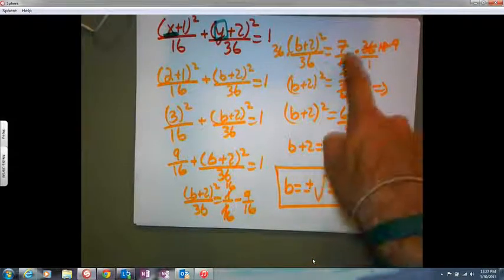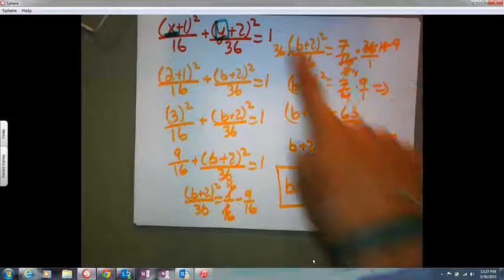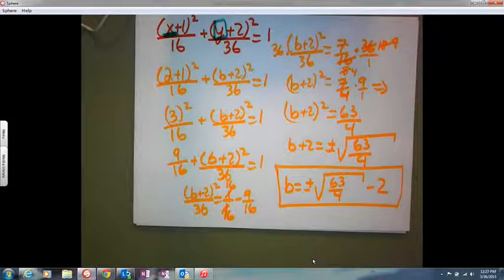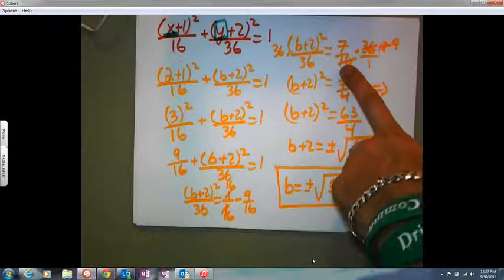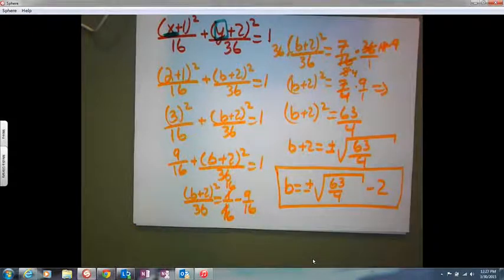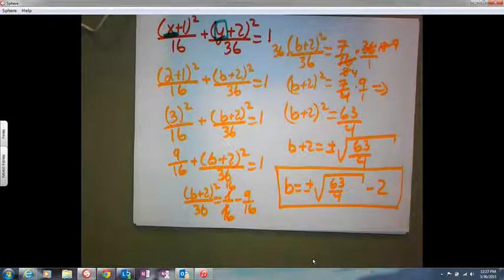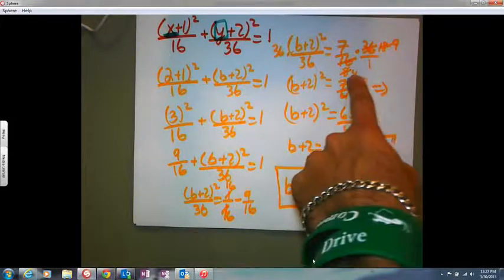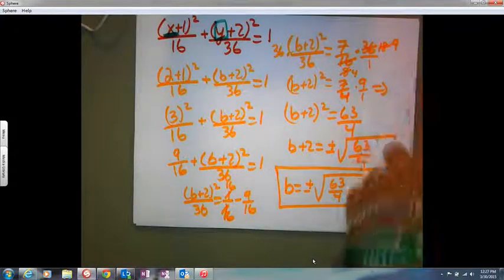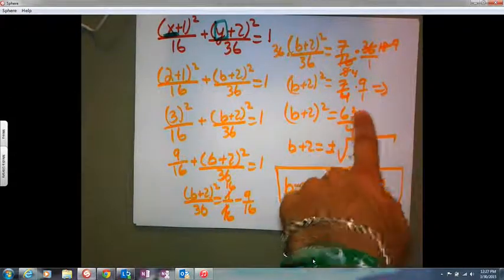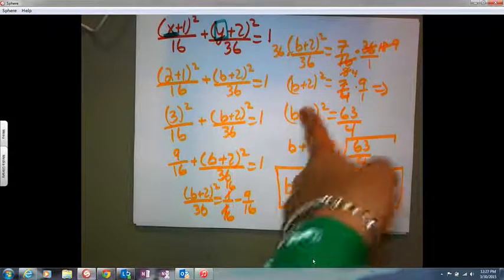Multiply both sides by 36. After we did the multiplication, we noticed both 16 and 36 are divisible by 2. That's how we got the 8 and the 18. Both 8 and 18 are divisible by 2. That's how you get the 4 and the 9. 7 over 4 times 9 over 1, 63 over 4, equals b plus 2 squared. Then we took the square root and finally subtracted.